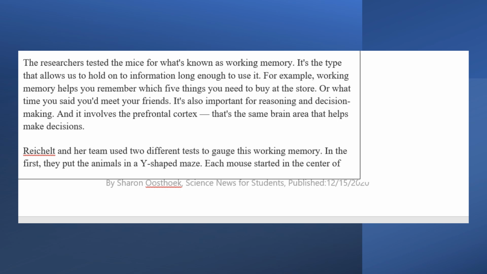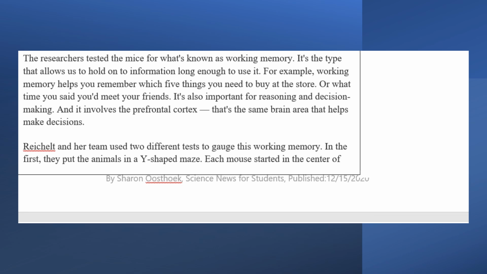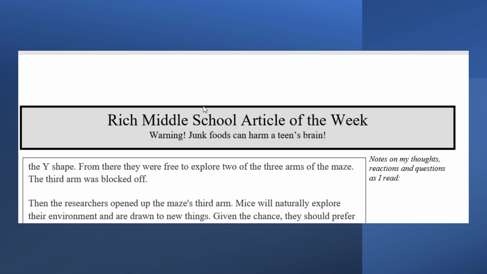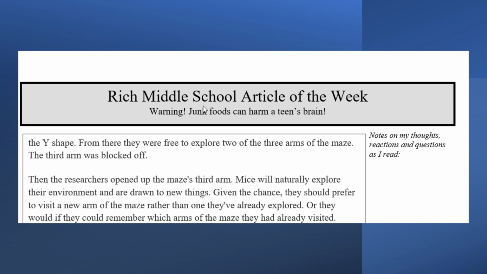Ratchet and her team used 2 different tests to gauge this working memory. In the first test, they put the animals in a Y-shaped maze. Each mouse started in the center of the Y shape. From there, they were free to explore 2 of the 3 arms of the maze. The third arm was blocked off.